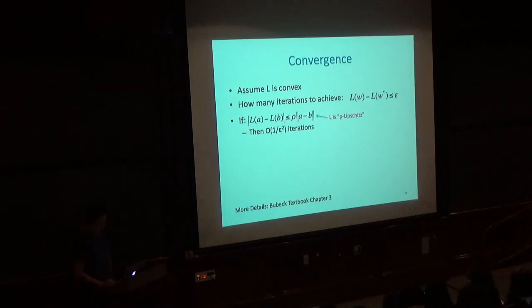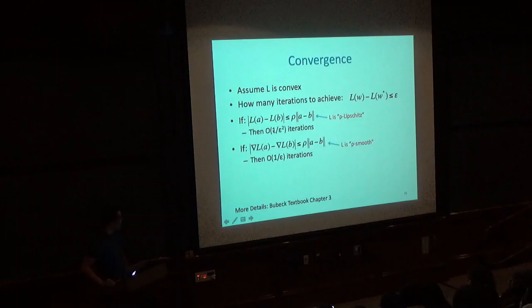If you can bound what's called the Lipschitz property of the function, which basically bounds how big the gradients can be, then the convergence is 1 over epsilon squared. So if we want to get more and more accurate, we need quadratically more iterations of gradient descent to converge to the solution.